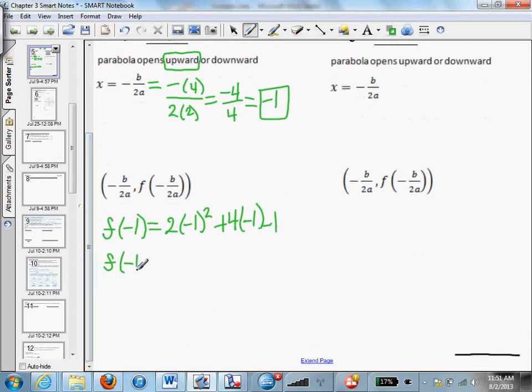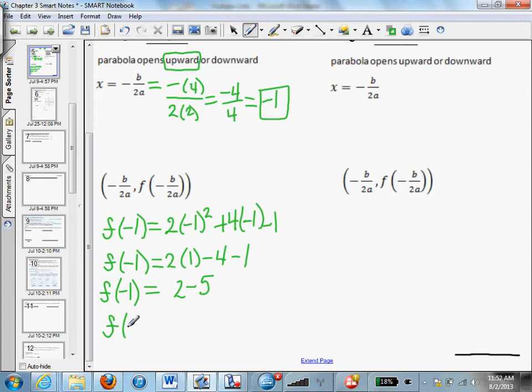f of negative 1 equals negative 1 squared is just 1 times 2. Then 4 times negative 1 is minus 4. And then we have minus 1. Hang on. Continue to simplify. We have 2 times 1 is 2, and then negative 4 minus 1 is going to be a negative 5.